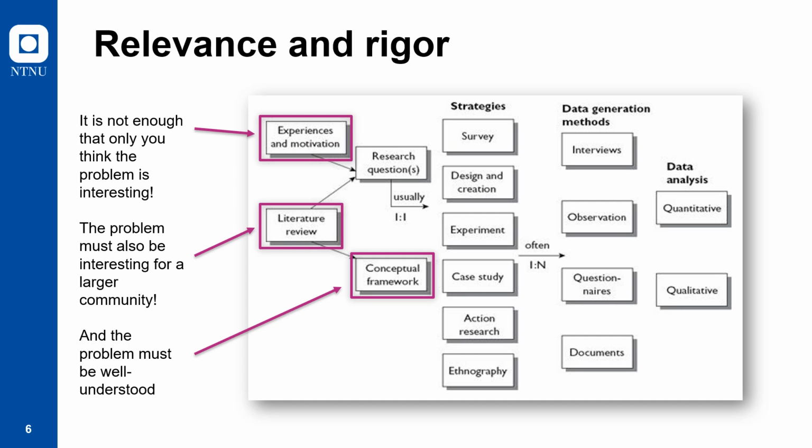To arrive at good research questions, you need to find and understand a researchable practical problem. You need to show that the practical problem you are interested in is interesting for a larger community of researchers and practitioners. You also need to show you have understood the problem properly by creating a conceptual framework that describes the problem.